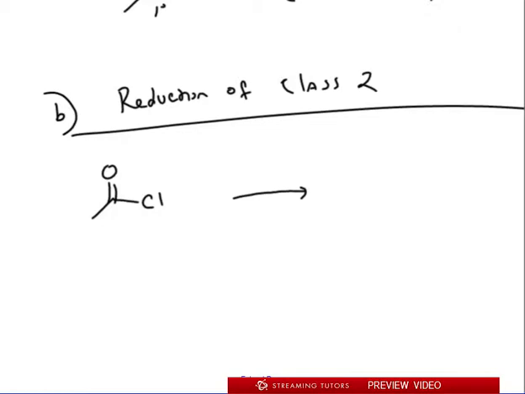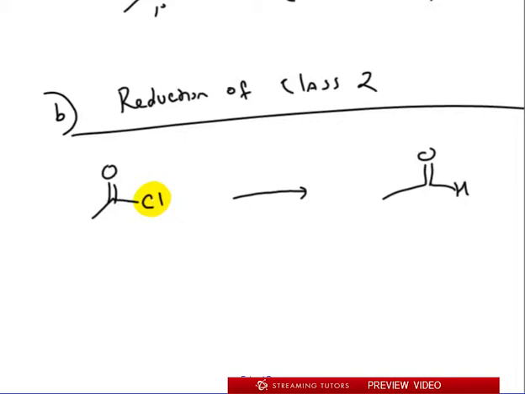I'm just going to show you the answer, but we'll learn the general mechanism in the next chapter. So really, this is just for organization purposes, to figure out how we can make an aldehyde. The goal here is to take the Cl out and put an H in its place.